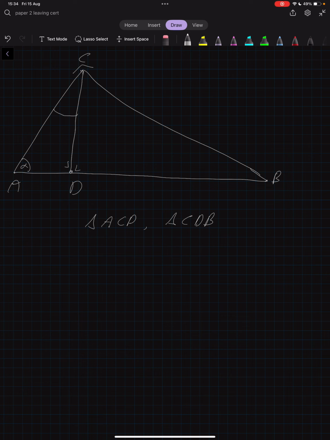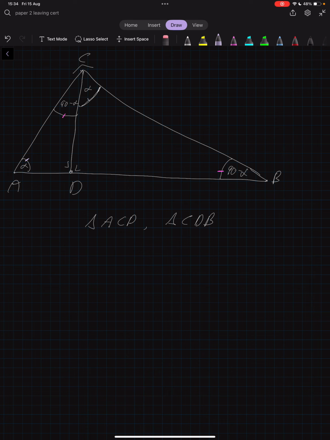So it does work, because this is 90 minus alpha. This is 90 degrees in total. So whatever angle I put in here, whenever I add it to 90 minus alpha, I have to be left with 90. So it's alpha, because 90 minus alpha plus alpha is 90. And then this is 90 minus alpha. So therefore, I've shown that this angle is the same as this.